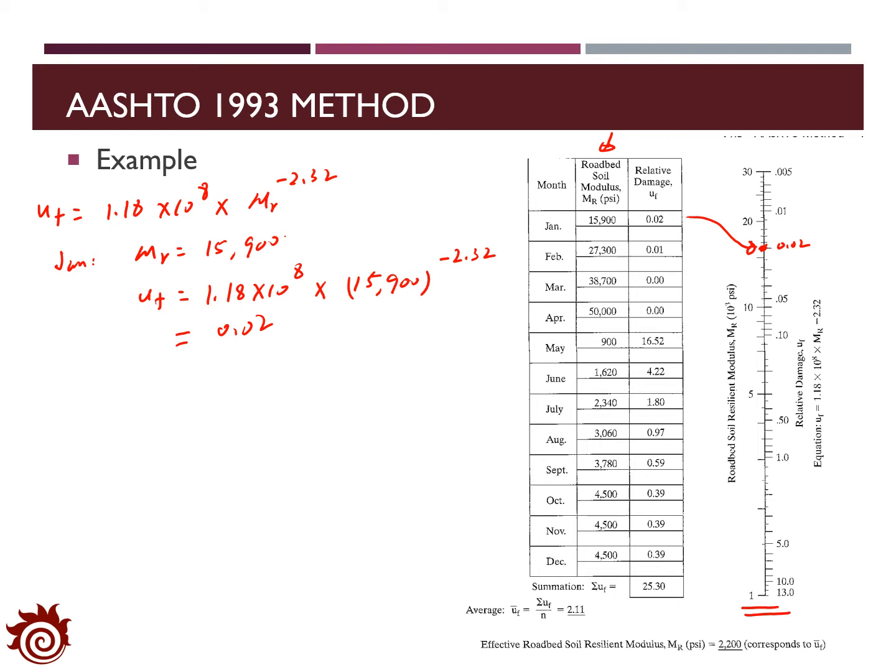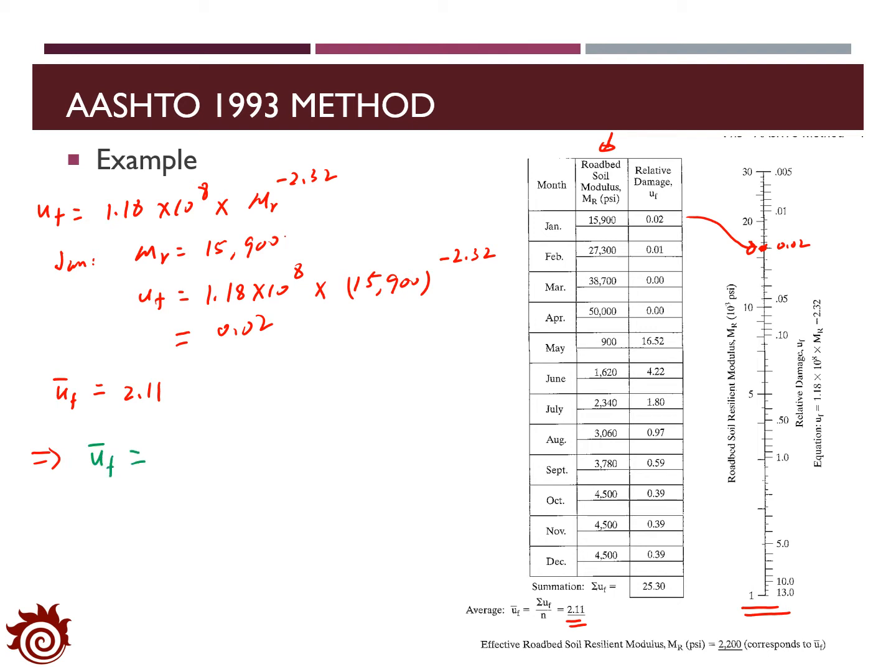Similarly, you can find out the relative damage for all the other months, and then we can find out the average relative damage UF bar as 2.11. With this information, you can solve this equation.